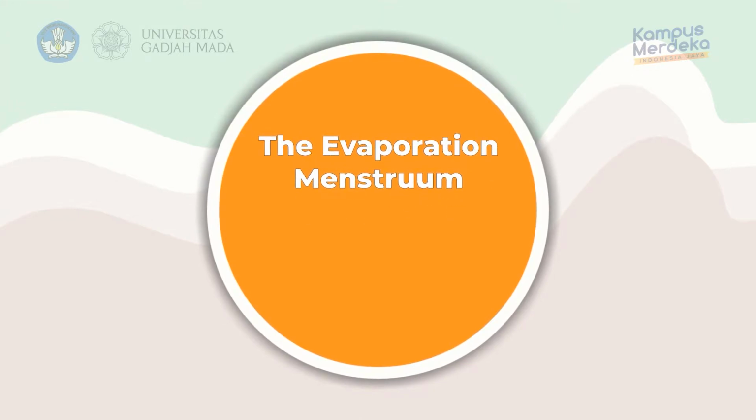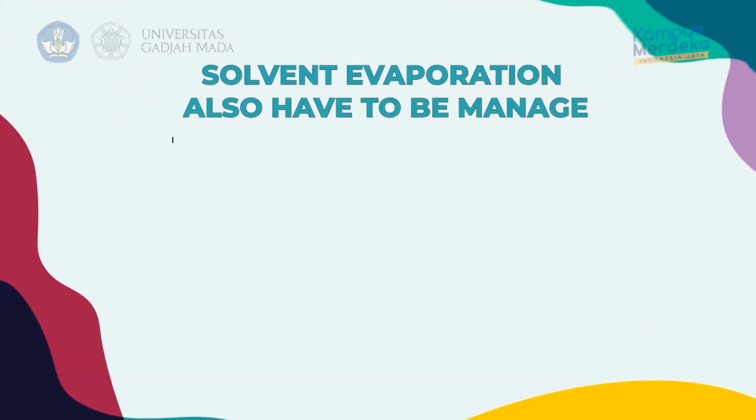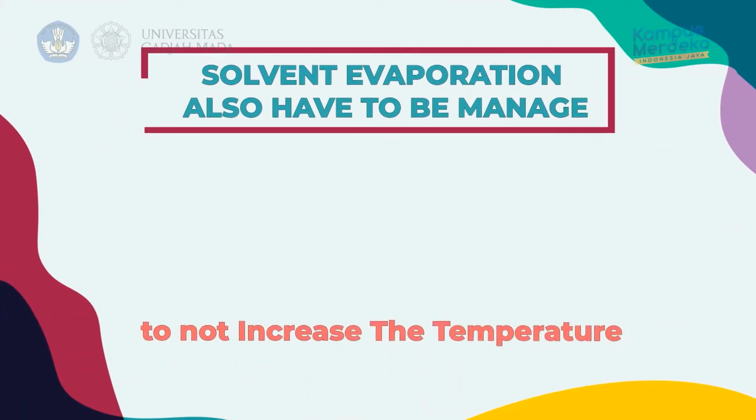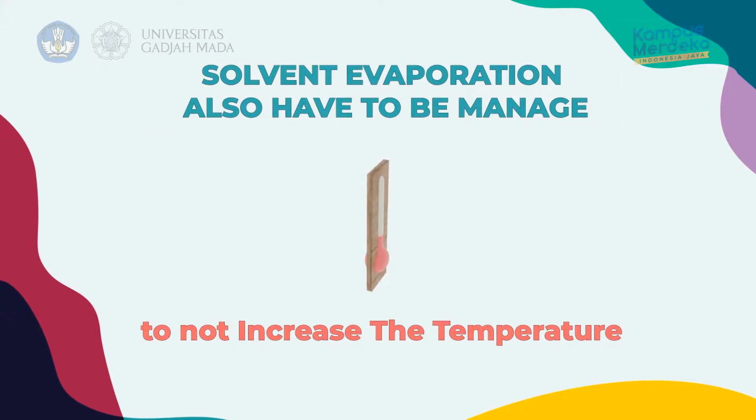And the evaporation of the solvent after filtration of the menstruum is also very important. The evaporation should not use high temperature because it can degrade the active chemical constituent.